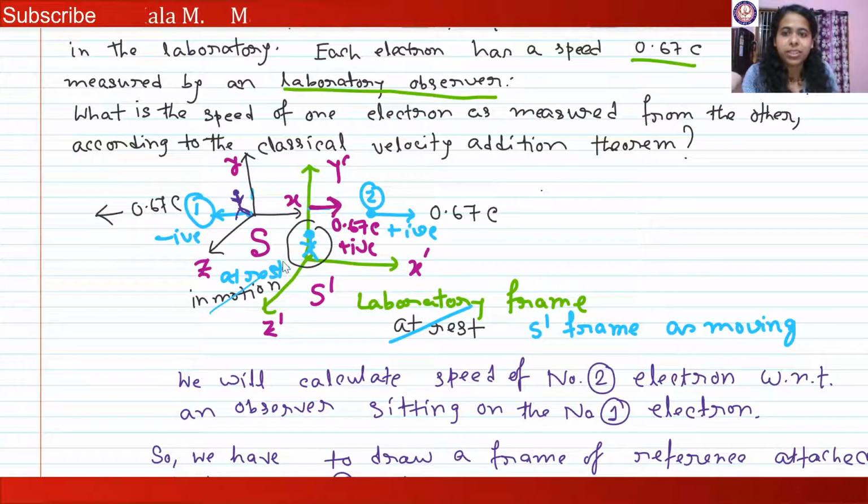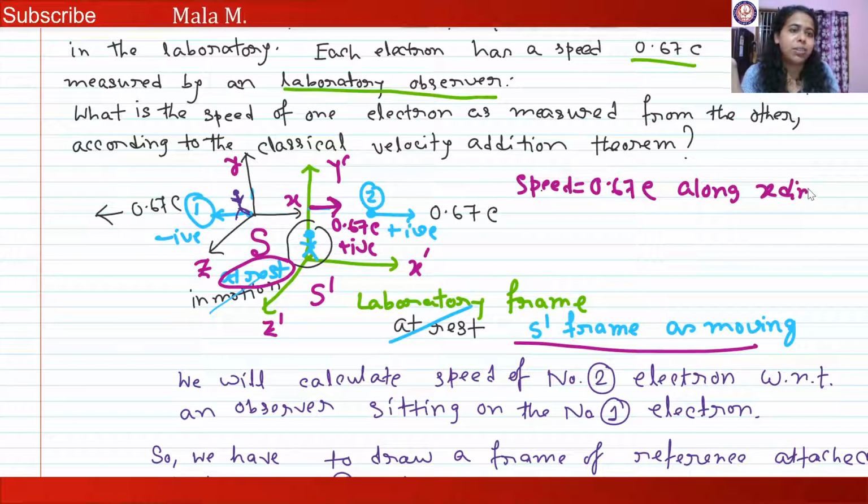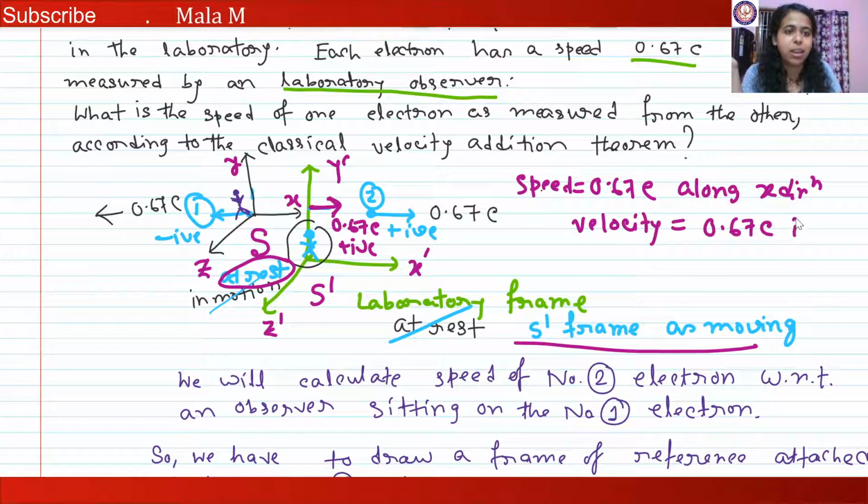So our second case is the S frame at rest and S prime moving with 0.67 c speed along the x direction. That means the velocity is equal to 0.67 c i cap, because velocity has both magnitude and direction.